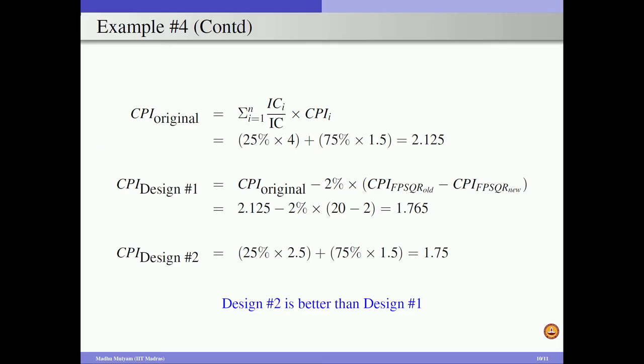Remember, when we say design 2 is better, it is because its CPI is reduced. Because the lower the CPI, the higher the performance we are going to get, because we spend a minimum number of cycles to execute an instruction. So lower is better when we consider CPI as a metric.